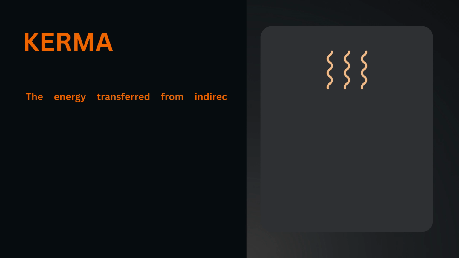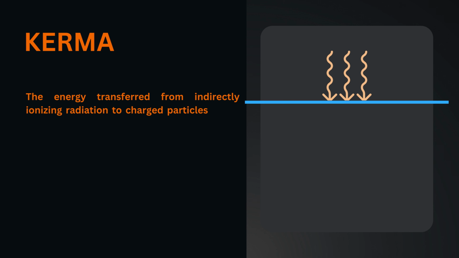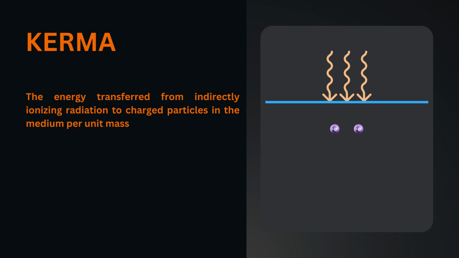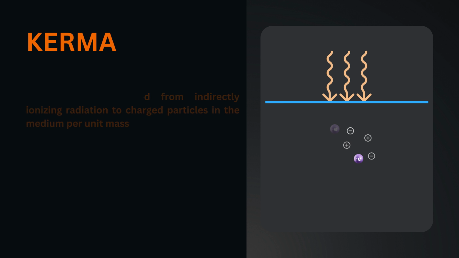As we discussed in the previous lecture, the KERMA is the energy transferred from indirectly ionizing radiation to charged particles in the medium per unit mass. The released charged particles can spend their energy in two ways: 1. Through collision interactions resulting in ionization. 2.